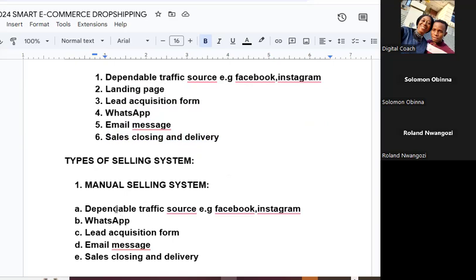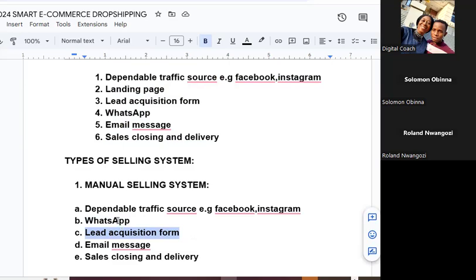Once people see your product on Facebook, they are interested, they click on order now or shop now, and then they come straight to your WhatsApp. In the WhatsApp DM, you now send them the lead acquisition form to fill. What is the quantity of the product they want?